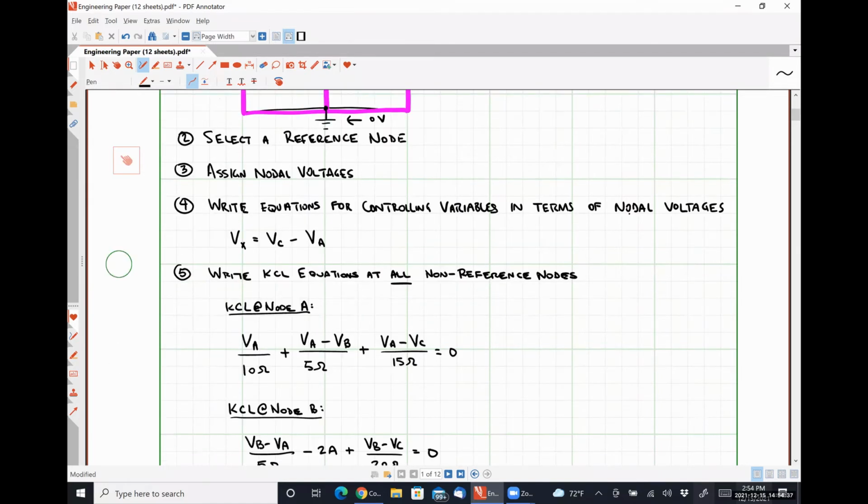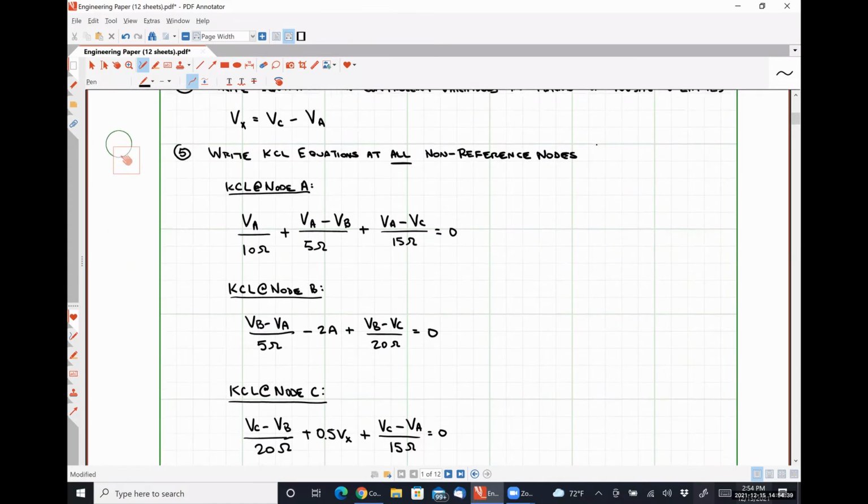So if I substitute, let's call this guy right here equation 1, that original equation that I wrote. Let's call this guy 2, this guy 3, and this guy 4.